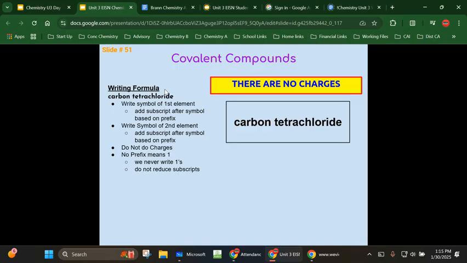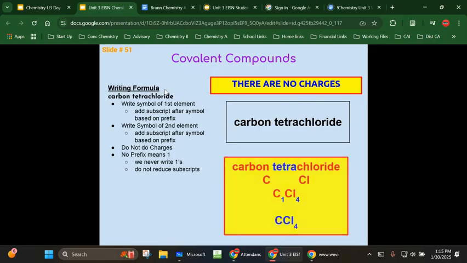So, formula. CCl4. 1 carbon, 4 chlorines, writing down exactly what the name is telling you. It's telling you how many. It's telling you what elements are there. All you have to do is write it down.